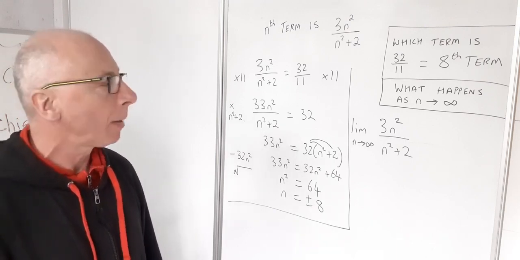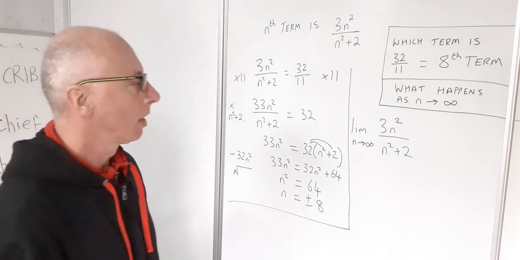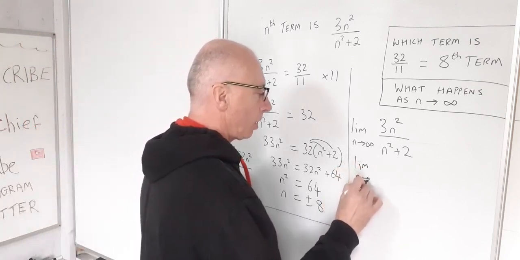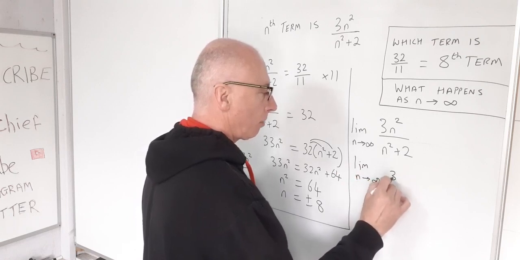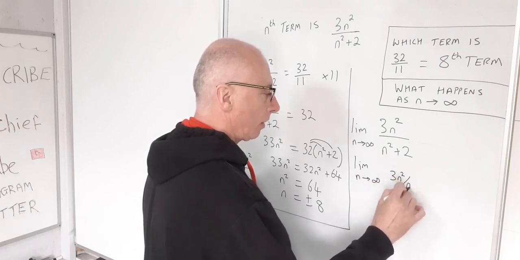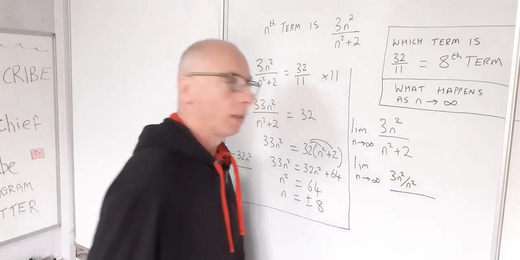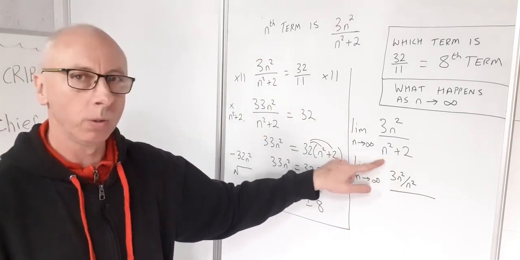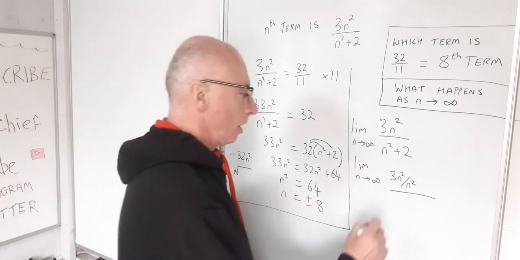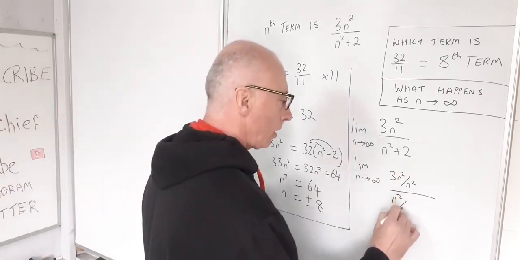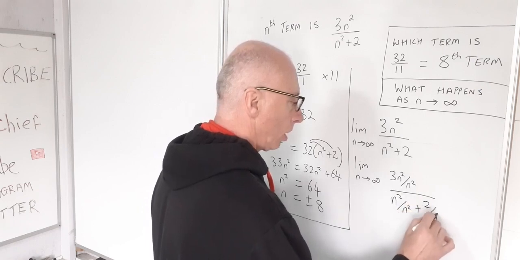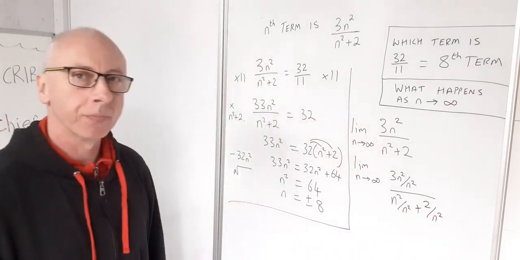That would tell me what happens as this approaches infinity. So now I've got the limit as n approaches infinity, 3n squared divided by n squared. And then here, divide each one of these individually, not the whole denominator. So now I've got n squared divided by n squared plus 2 over n squared.